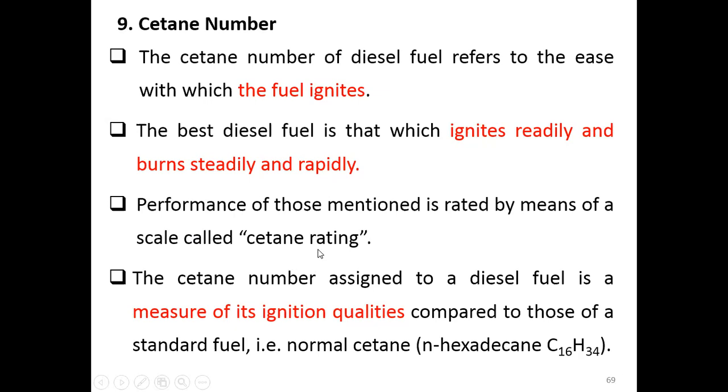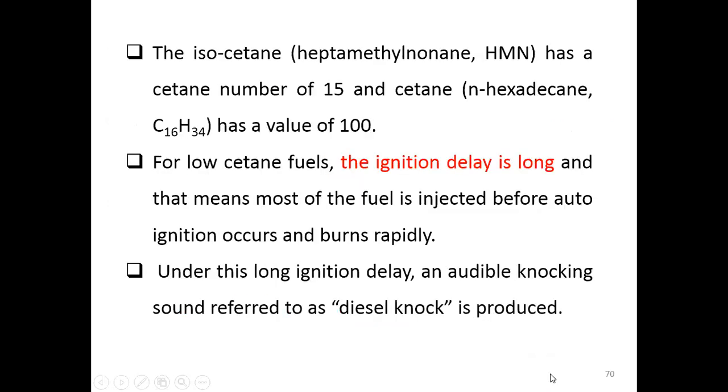The cetane number assigned to a diesel fuel is the measure of its ignition quality compared to a standard or reference fuel, in which the reference fuel used for setting up the cetane number is normal cetane, or n-hexadecane, C16H34.